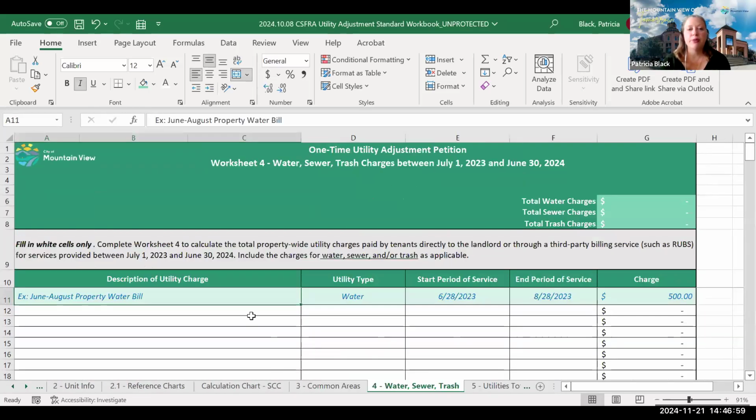Now I'm going to my bills. So I'm going to enter in my water bill with my dates. Again, my water bill starts in August, and it's 2 months, so it goes through 9/30, 2023. And I'm just going to show that for the whole year. I'm going to do that for water, sewer, and trash.